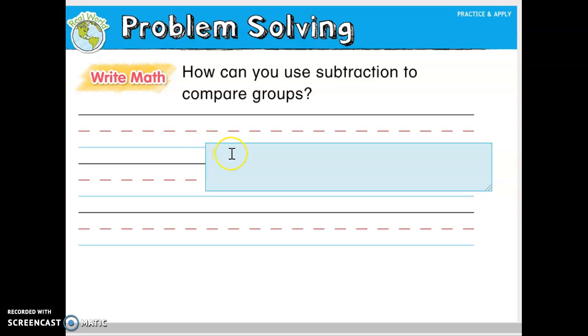And I'm going to type, let's do a capital, subtract the small number from the bigger number. Okay, so copy down that on your page, and we are finished with this lesson.